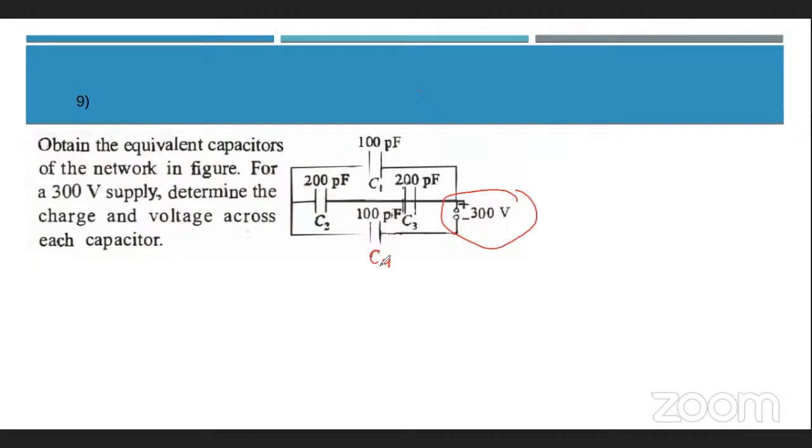It will not be 300. 100, 200 and 200 for this in series, so that will become 100. And then two, either you can take all three as parallel, oh, you're taking all three as parallel because of that.